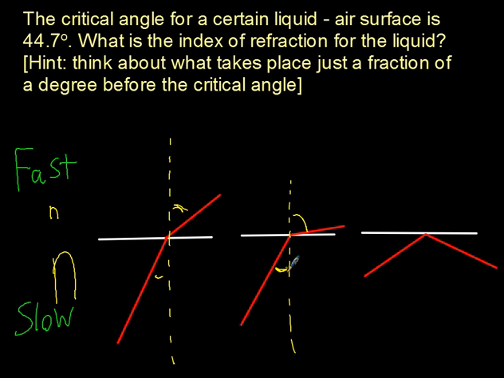Well, the goofy thing is, this angle cannot grow beyond 90 degrees. There's no such thing as theta 2 being like 91 degrees, because it wouldn't be going through the material anymore. It would be staying here.